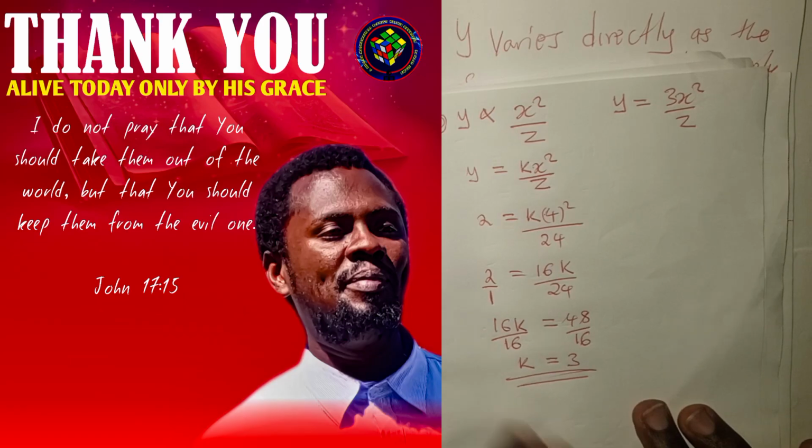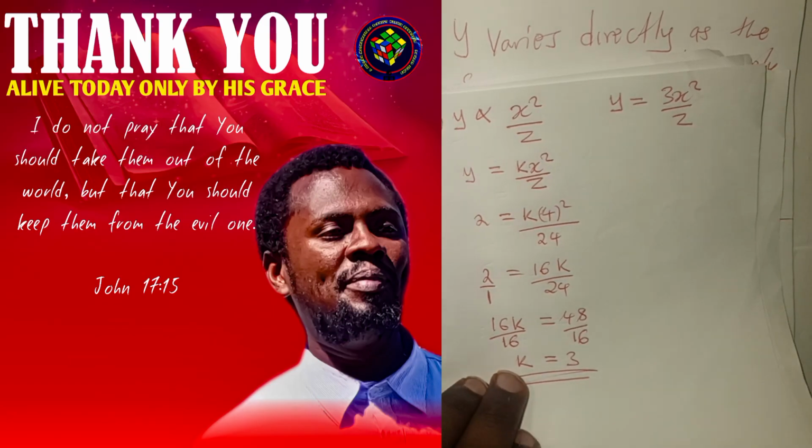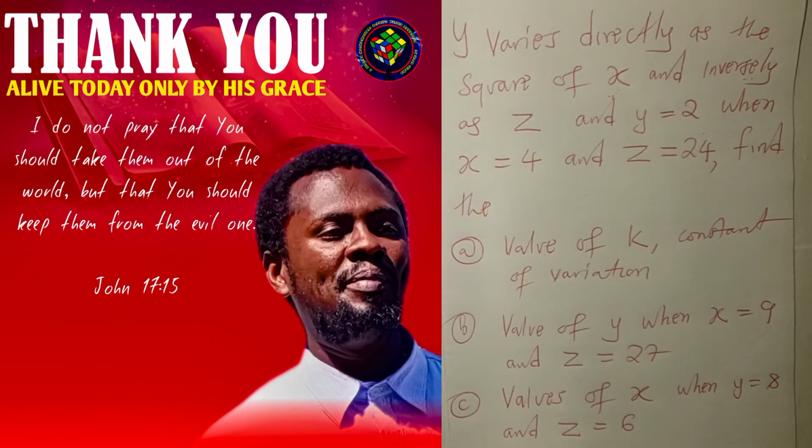To answer any question regarding this problem, we use the formula there: y is equal to 3x squared over z. So we go to the next question, that is B. Value of y when x is equal to 9 and z is equal to 27.